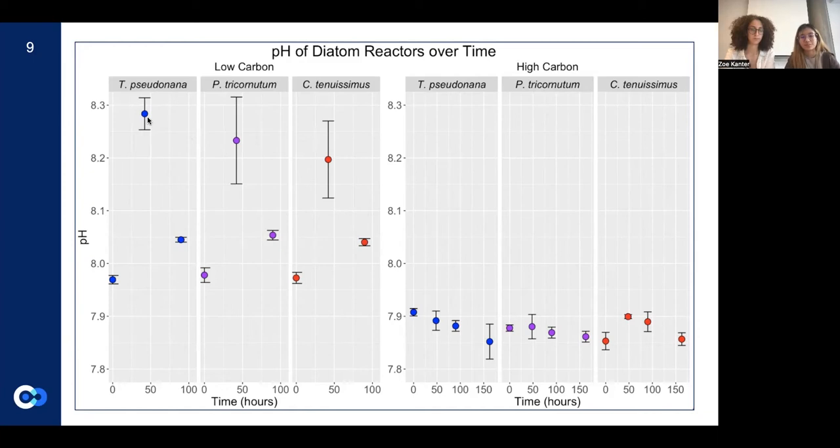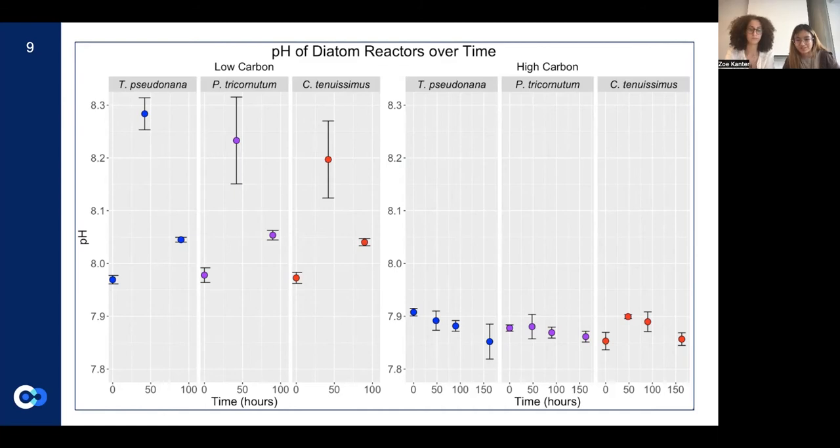It is suggested that these peaks are where the diatoms are in their peak exponential phases, taking in carbon dioxide to undergo photosynthesis, and they multiply. This makes sense because when more carbon dioxide is taken from the environment, there are fewer hydrogen ions within the environment, so the pH is higher.